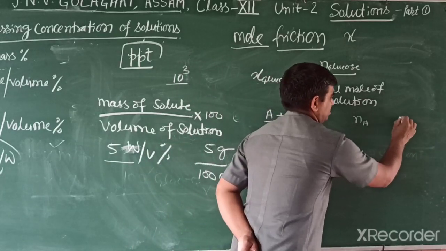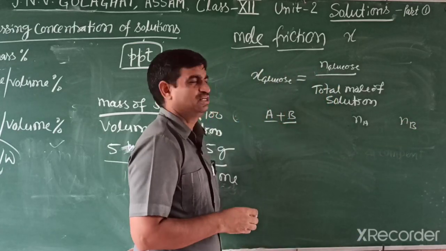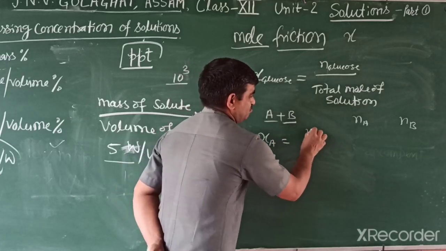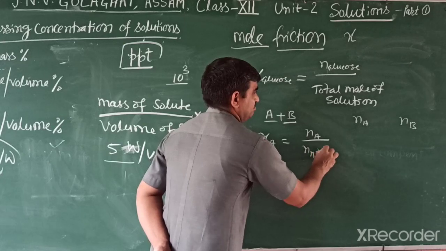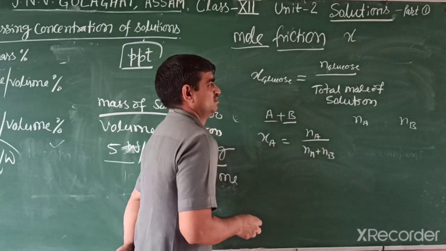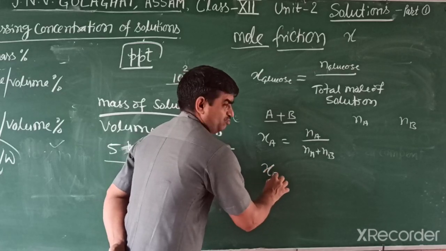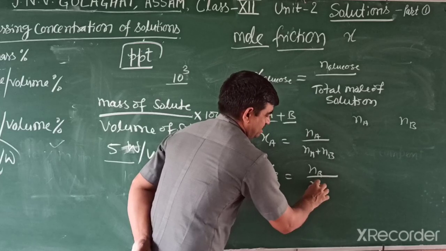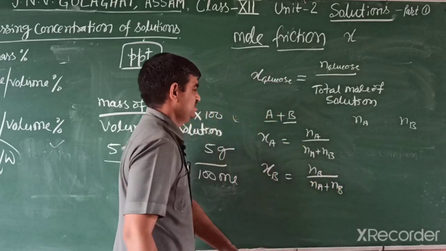The moles of the other component is n B. The mole fraction of A is equal to the moles of the first component divided by the total moles, n A plus n B. Similarly, the mole fraction of B is equal to the moles of the other component divided by the total moles. In this way we can identify them.